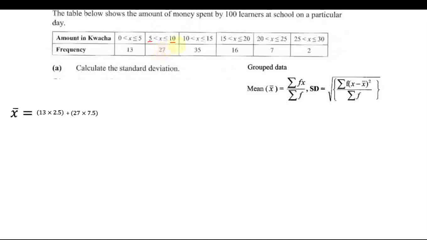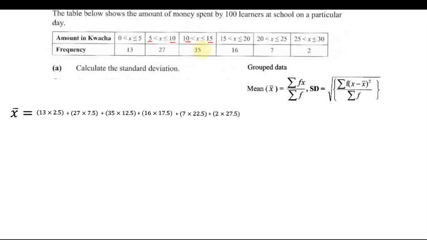Then again, you do the same here: 10 plus 15, which is 25. Divide the 25 by 2, you are going to get 12.5, and you multiply it with the frequency 35. And you have something like this. So repeat that procedure even for those remaining columns.